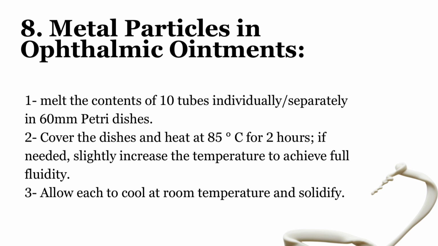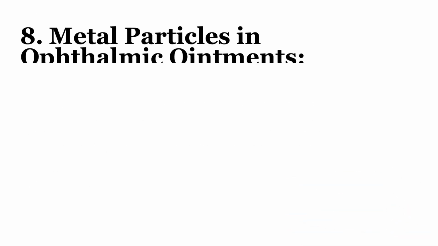1. Melt the contents of the tin tubes individually, separately in 60 mm petri dishes. 2. Cover the dish and heat at 85 degrees C for 2 hours. If needed, slightly increase the temperature to achieve fluidity. 3. Allow each to cool at room temperature and solidify. 4.